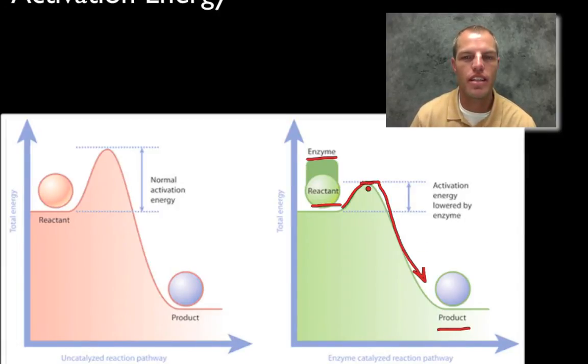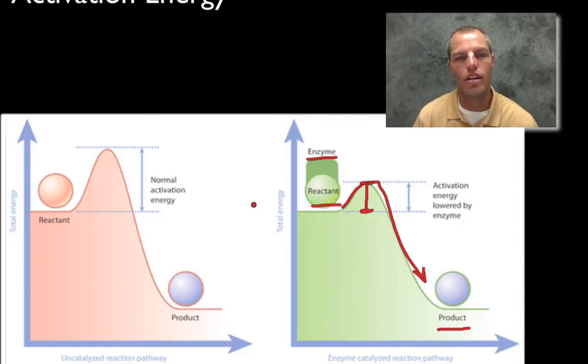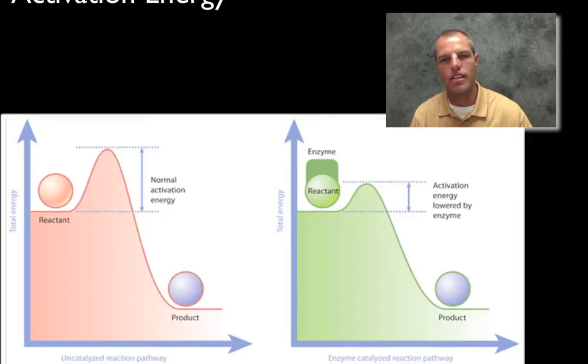So this is the activation energy when there's the presence of an enzyme or catalyst, which is much lower than what you have over here to the left. So how does a catalyst or enzyme speed up a reaction? It lowers the amount of energy needed for that reaction to take place. With a lower energy needed, obviously the reaction is going to take place faster. That's how it speeds it up.